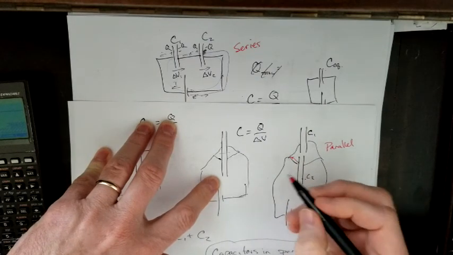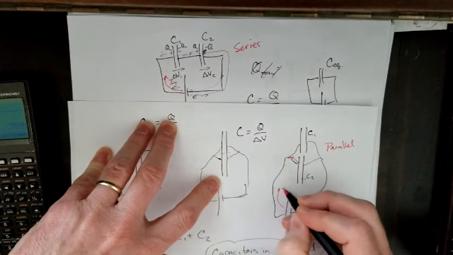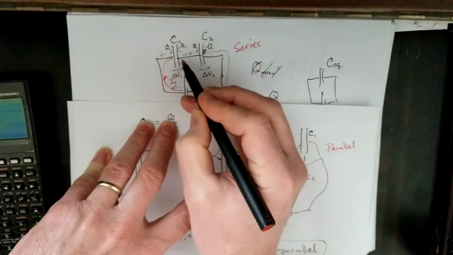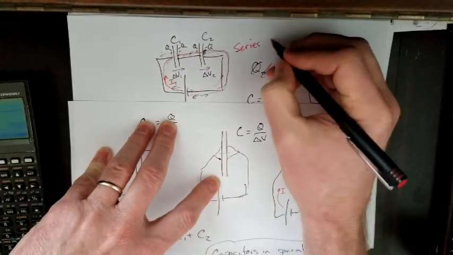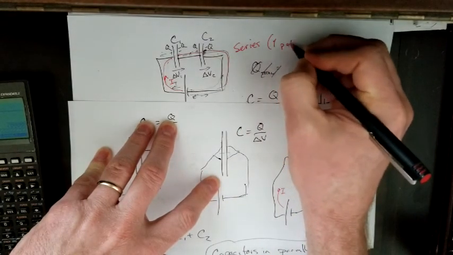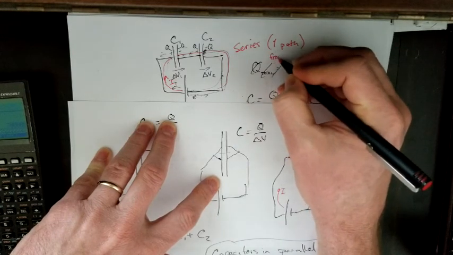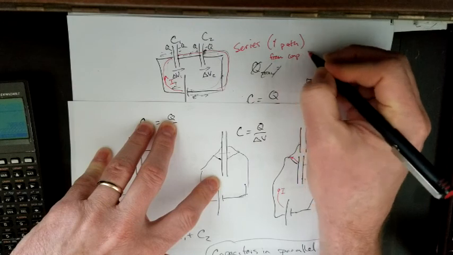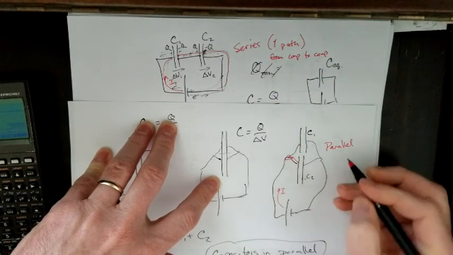Or if you think in terms of current, current is flowing this way. When current gets to here, it's going to cause current to flow to here, cause current to flow to here. There's only one path. So series, there's basically one path from component to component. Here I have 2 paths. There's a junction in between.